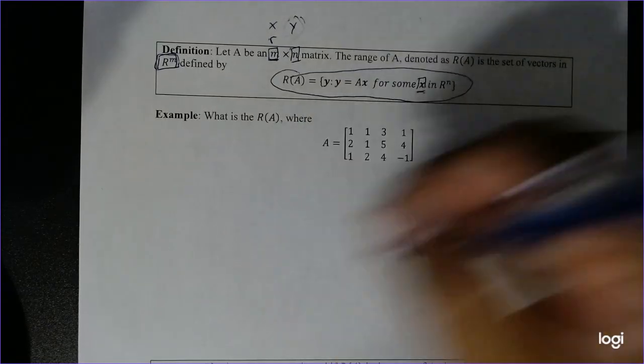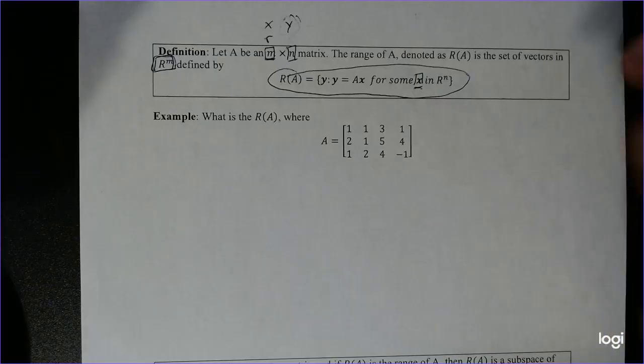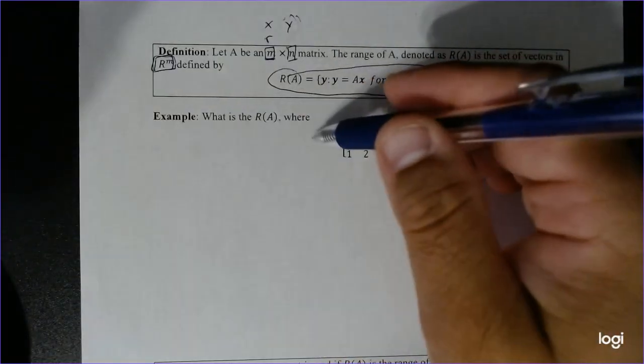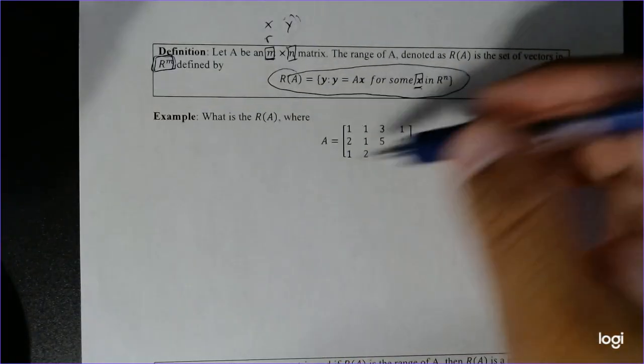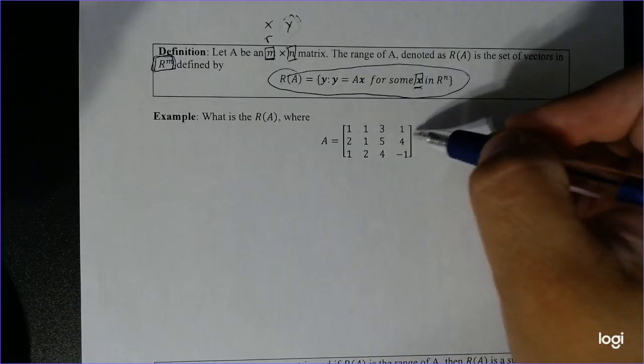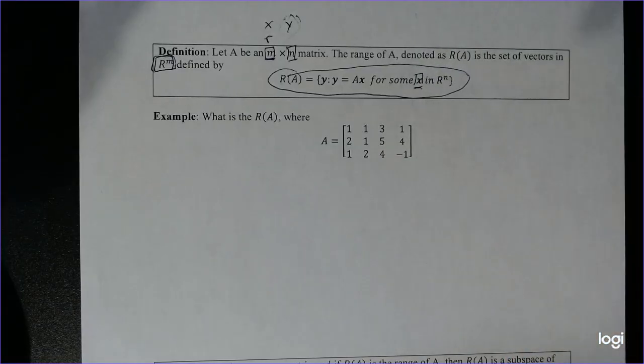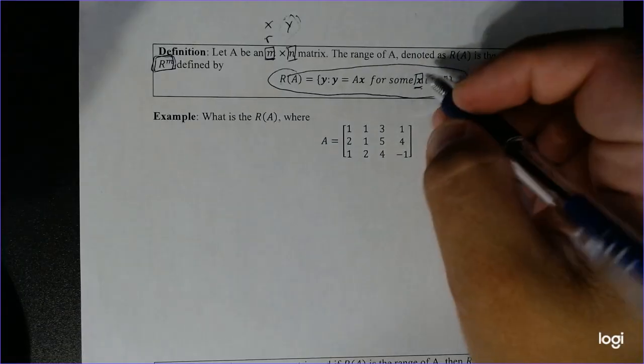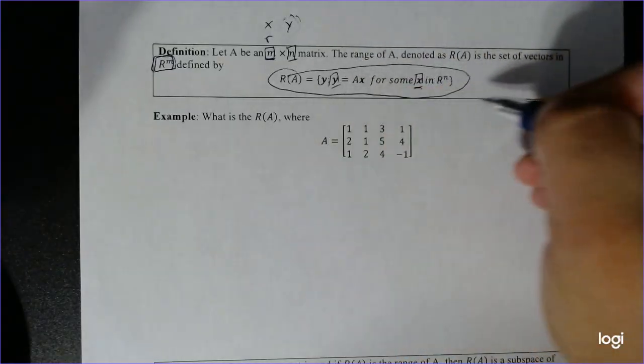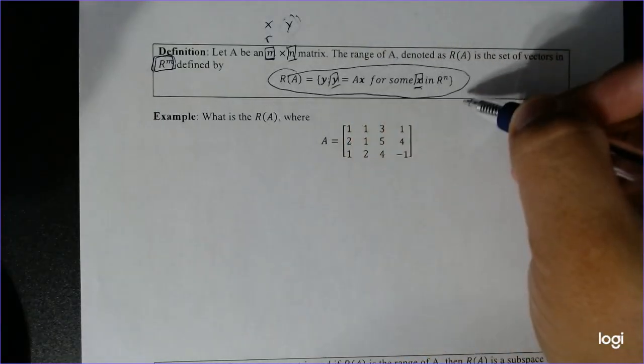Okay? So the only difference between the range and the null space, if you want to describe the range, is, well, last time we set them equal to 0 because that was defined to be the null space. This time, however, we want to define all y vectors responsible for that.